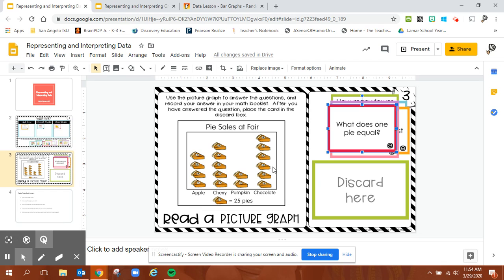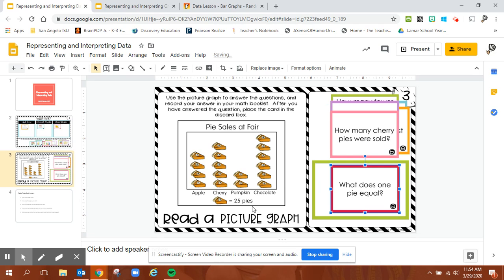All right, looking at our picture graph, our first question says, what does 1 pie equal? So I'm going to put that right here. Okay, now remember, every graph gives us a key. So if I look here at my key, it says that each pie is 25 pies.